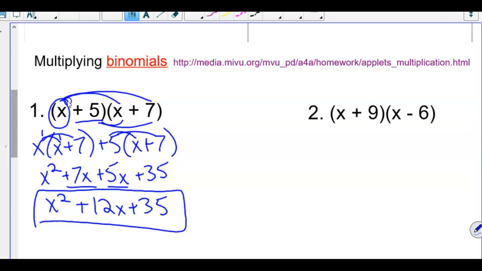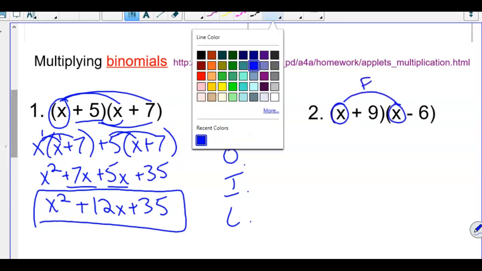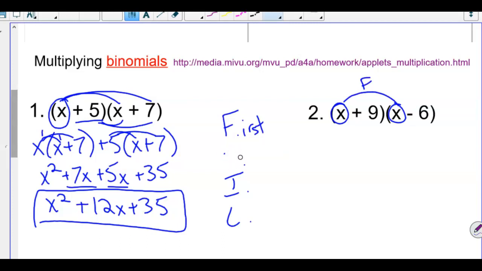So you can distribute it like we just did, or if you want a more specified way as to which one you need to do first, you can follow this. We're going to use FOIL, where we multiply the first terms. So that would be our x's. That would be our first terms. Our outer terms.